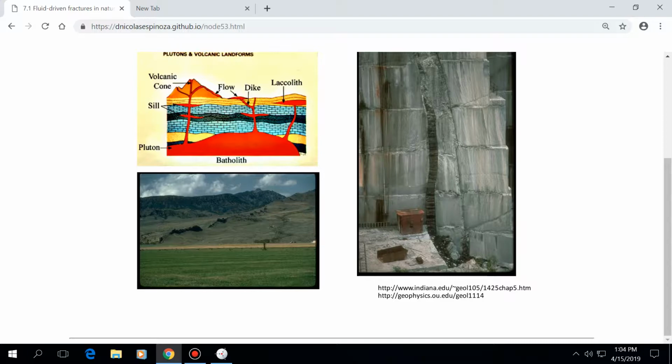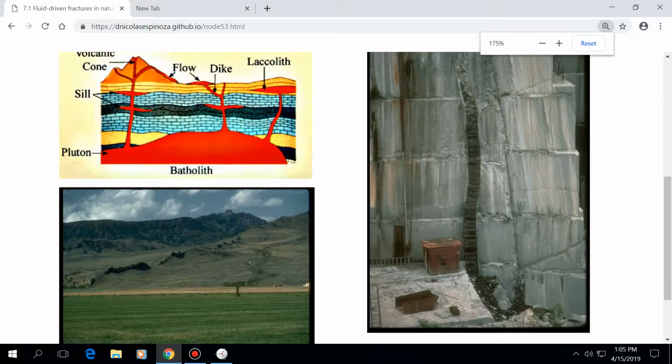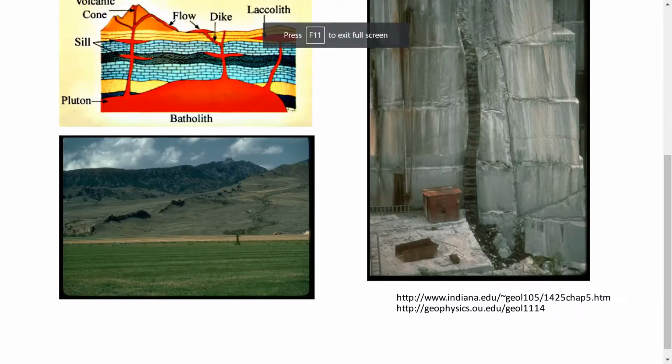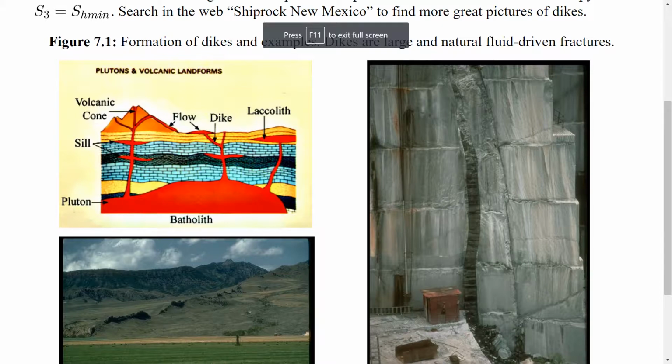The difference in natural formations is that the source of pressure comes from pressurized formations underneath the fractured formation, and as those formations reach a pressure high enough to overcome the minimum principal stress, they literally open the earth in two, and those fluids go up, and those are what we call dikes.